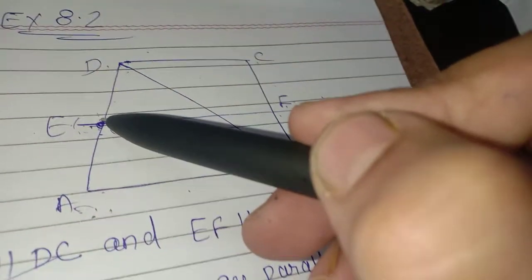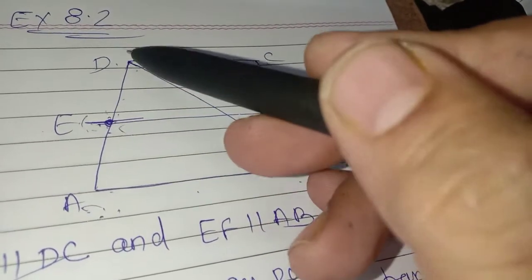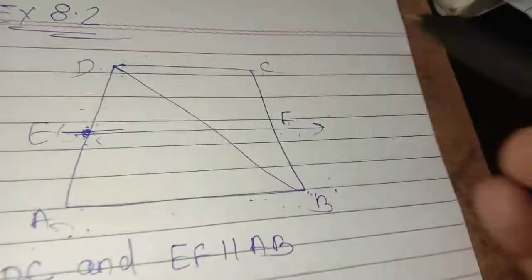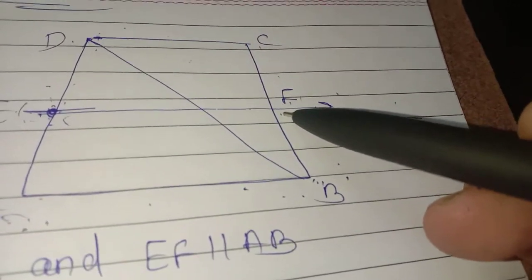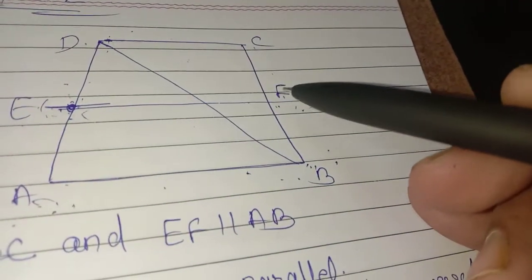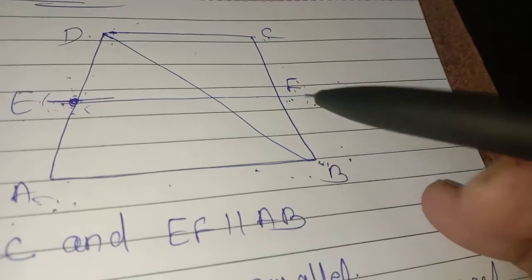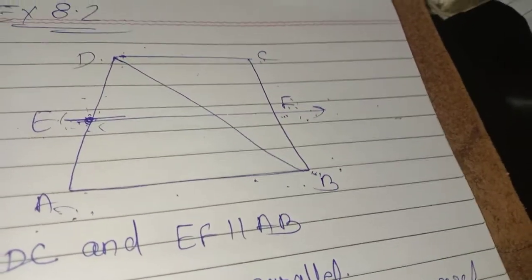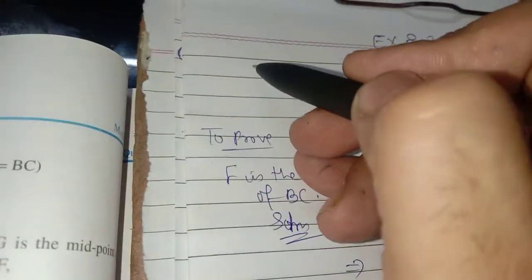So if E is the midpoint here and the lengths ED and AE are equal, we can also say that F is also lying on the line EF, therefore FC is equal to FB. So we can say that F is the midpoint of BC. Sure? So this is our first question, question number 4.